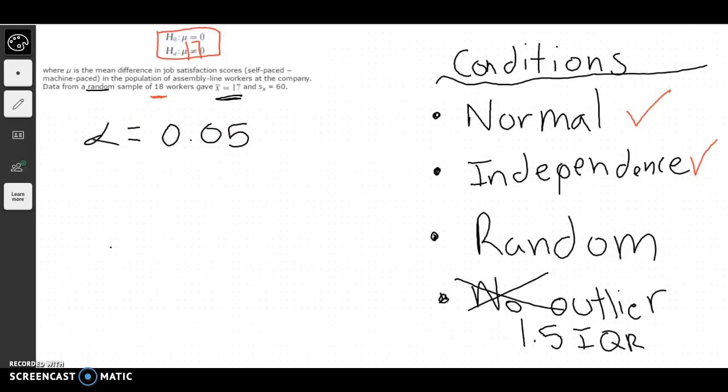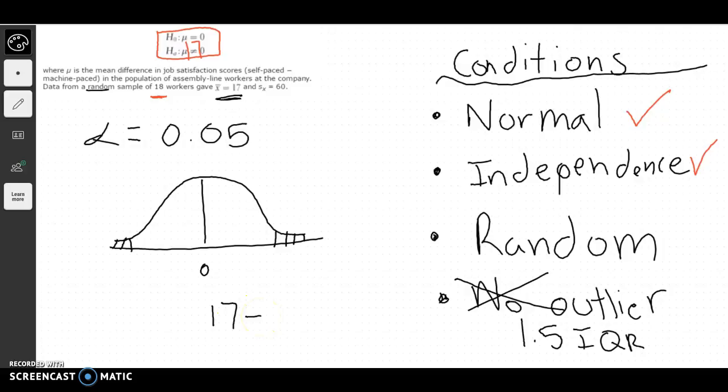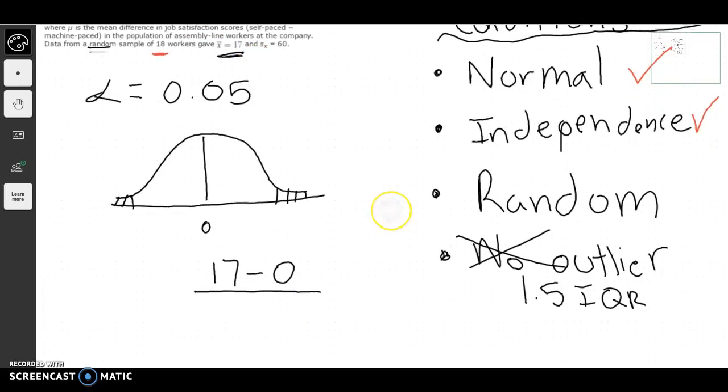We're going to do a two-sided t-test, so it's going to look something like this, with a little bit on this side and a little bit on this side, and we have to see if that is higher than 5%. To do this, we first need to figure out where it falls on the graph, so we need our test statistic. We're going to do 17 minus our mean, which is 0, over, well, if we had the population standard deviation we would use that, but we don't, so we use the sample statistic: 60 over the square root of how many we took, which is 18.